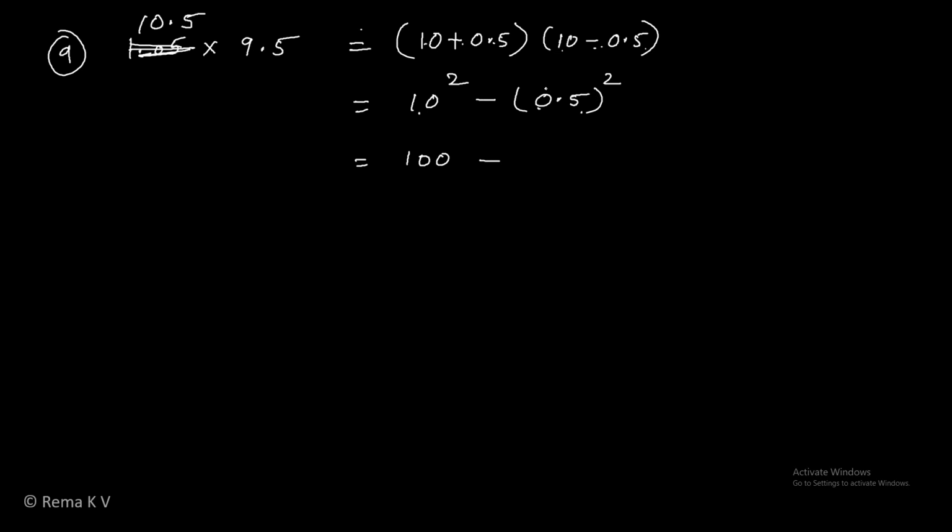To find 0.5 square, it is 0.25. 5 square is 25, here one decimal place, so here you have to put two decimal places.